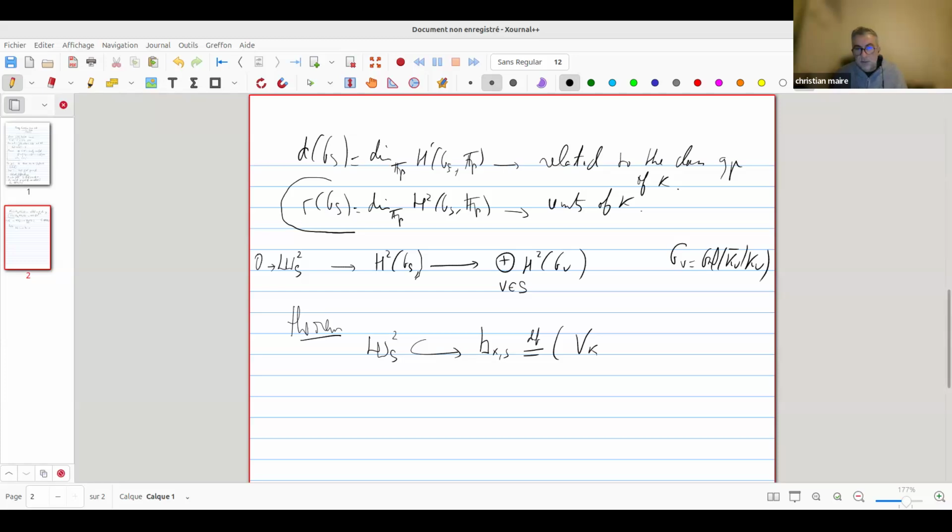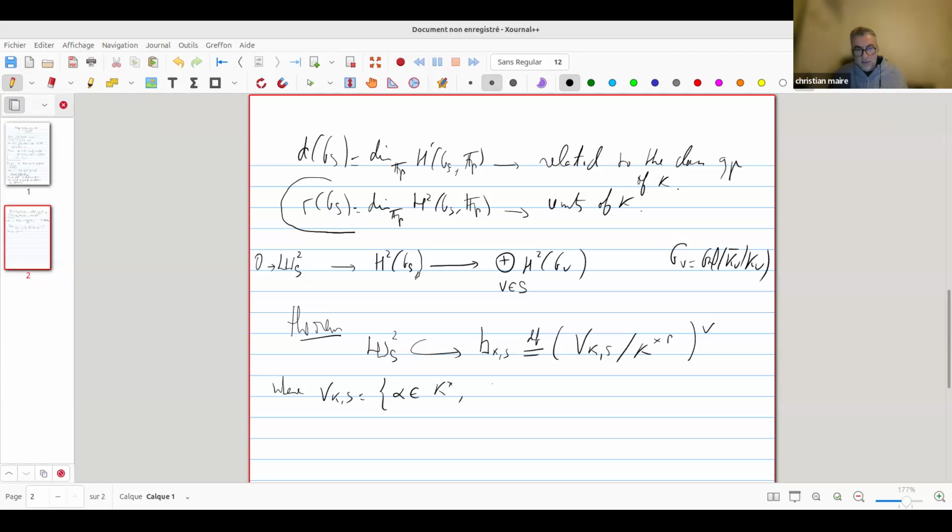I will mention afterwards what this is, the dual of this group, where V_K^S is just the set of elements of K^*, such that, how to describe this?